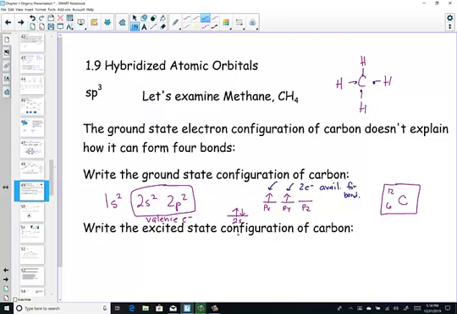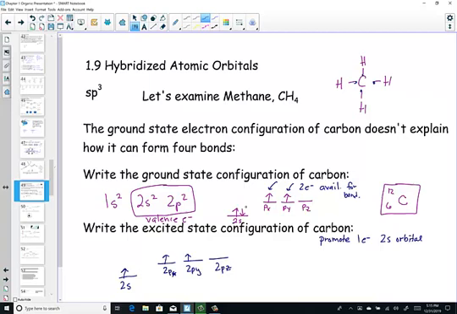When we write an excited state configuration, we're going to promote 1 electron from the 2s orbital into the empty orbital of the carbon's 2p sub z. A moment ago, I had both electrons in the 2s, and I had 2 electrons in the 2p, 2p sub x, 2p sub y, 2p sub z.